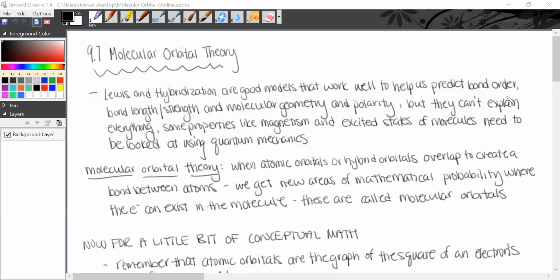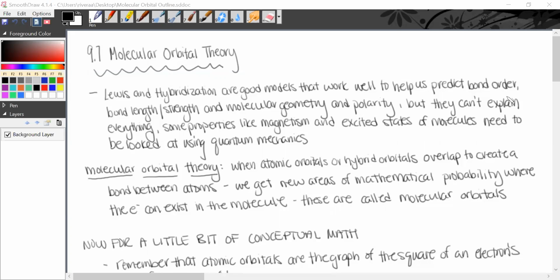And all it's saying is we take those areas of mathematical probability where the electrons exist in an atom, right? So imagine I have a hydrogen atom over here. That's a 1s orbital, an atomic orbital. And I have a hydrogen atomic 1s orbital over here.